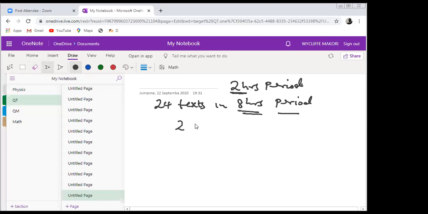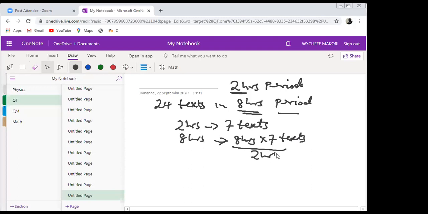In 2 hours we were receiving 7 texts. In 8 hours, how many texts? Cross multiply: 8 hours times 7 texts over 2 hours. The hours cancel, and 8 over 2 is 4, so 4 times 7 is 28 texts. This is now going to be your lambda.